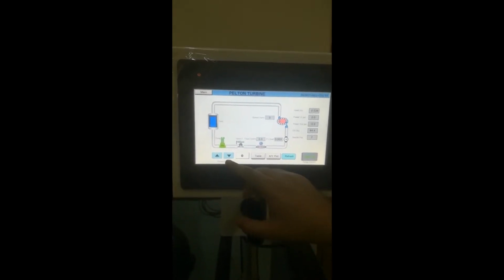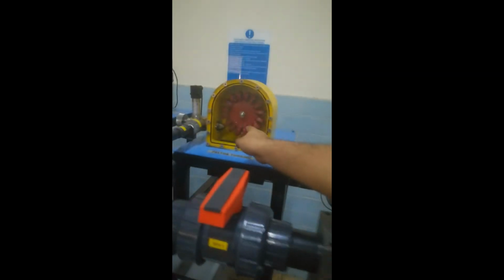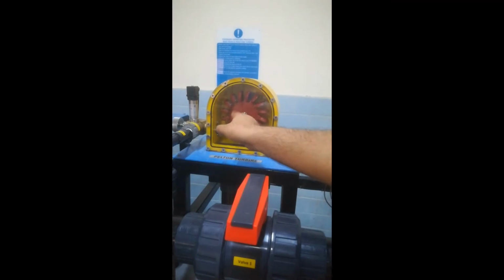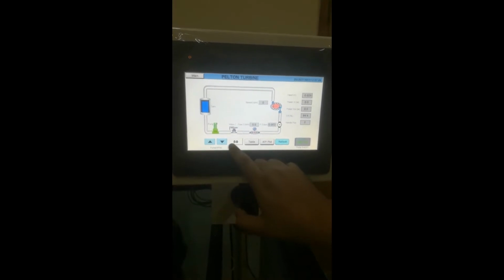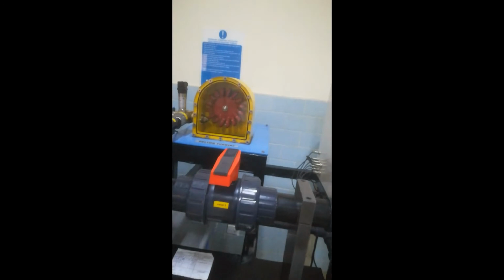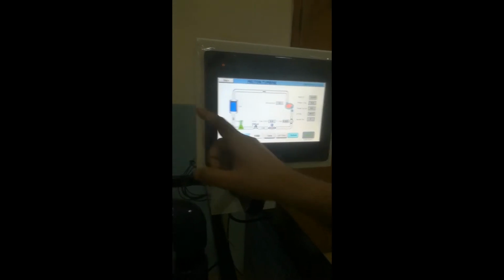Now we will set the pump RPM and see where the Pelton wheel starts running. At 50 RPM the pump, the buckets, the turbine is not running, so I will take increments of hundreds and see at which RPM the Pelton wheel starts.